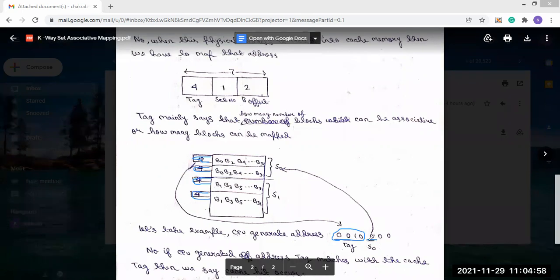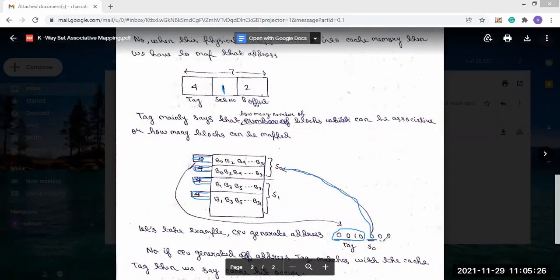This 1 bit specifies which set is present. Here it is 0, that means this address will be present in set number 0.